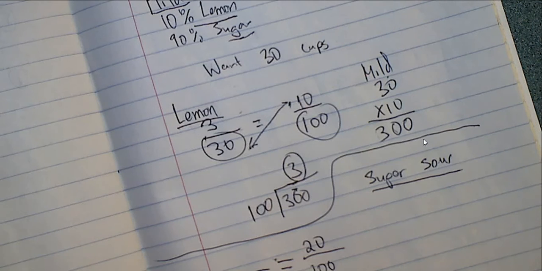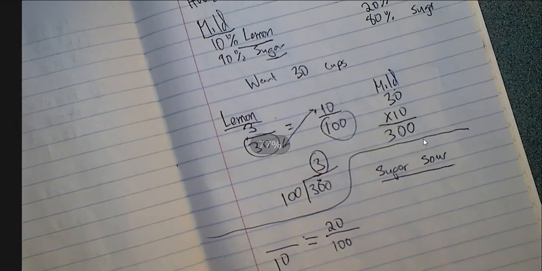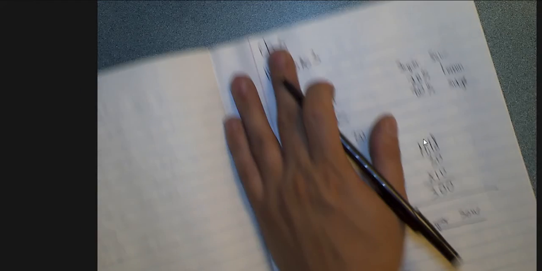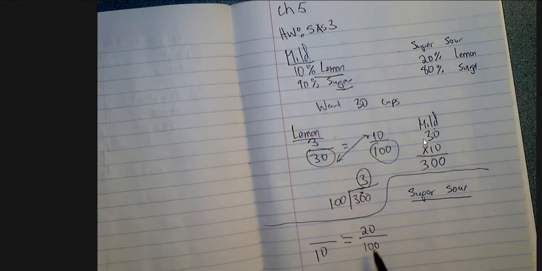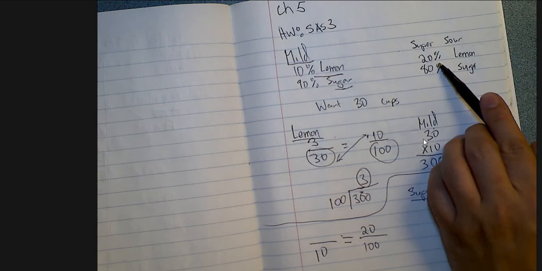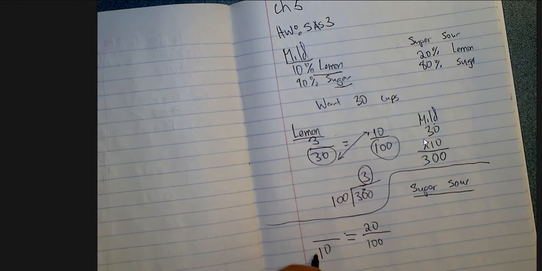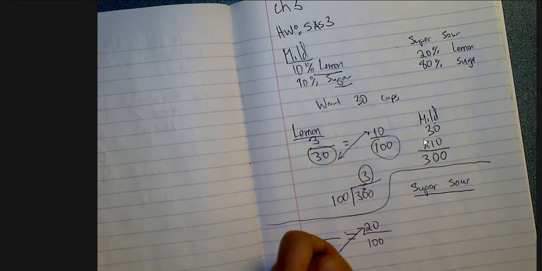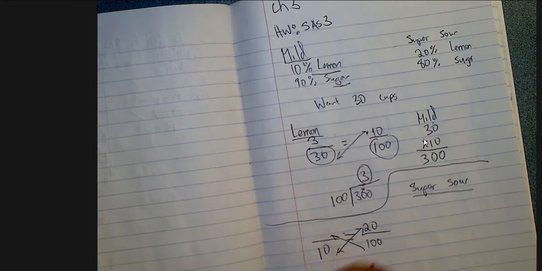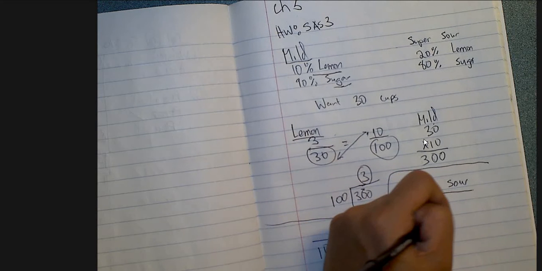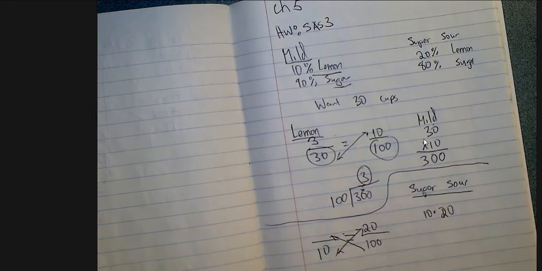Let me zoom out. There you go. Wait. There we go. You can see almost the whole thing now. I got the 20 right here because it has the 20%. Now I have step 1. I do step 2. I cross multiply. So 10 times 20 gets me what? 10 times 20, I got 2 zeros.